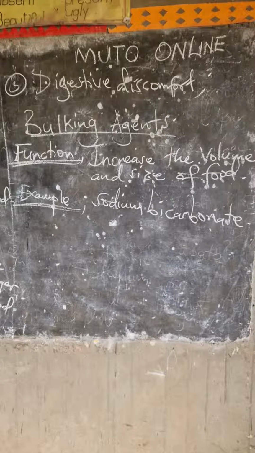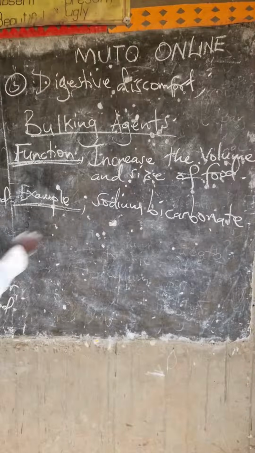The sodium bicarbonate or the sodium hydrogen carbonate increases the volume of dough. You mix a small piece of dough of wheat flour with water and other ingredients, but the moment you add the sodium bicarbonate, it increases the volume of that small piece of dough when it is fermented.